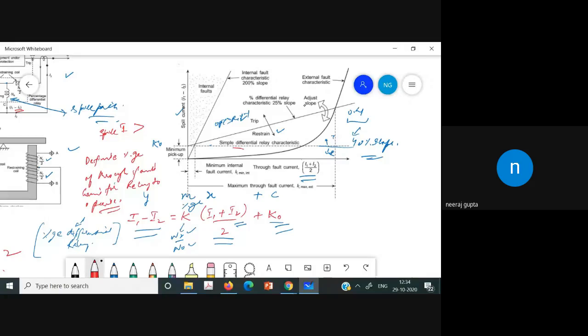So as the fault current is increasing, the pickup value is also increasing. So it also improves the stability of the differential relay. You can say that it is much better than the simple differential relay that we discussed in the previous lecture. And this restraining winding is also known as the biasing winding.